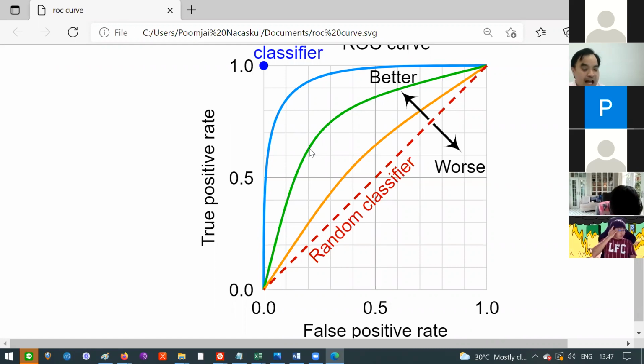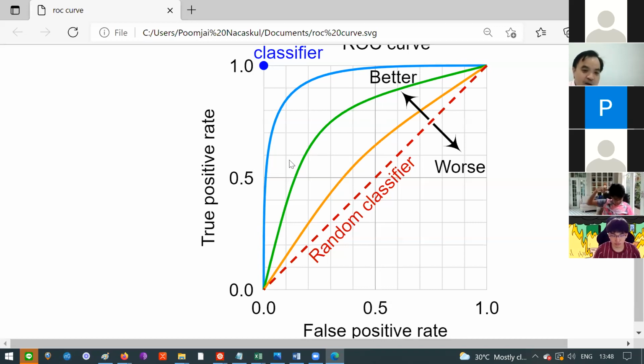Now if I go from here to here, this is the same model. I make it less stringent, so I say cancer a lot more. What happened? I get more true positive, that's good news, but I also get more false positive, that's bad news.